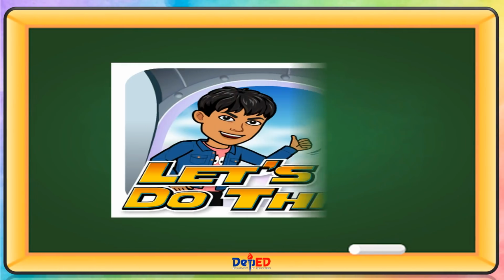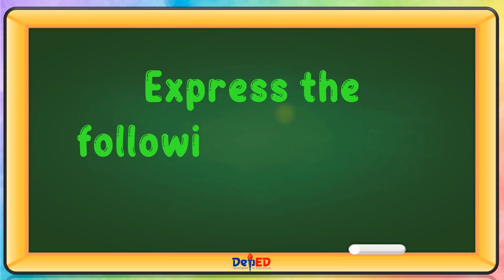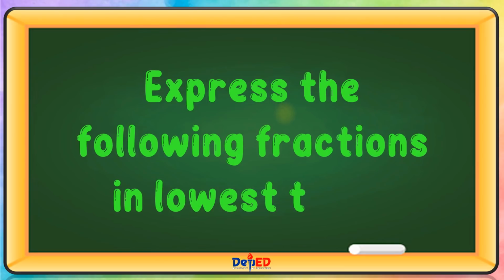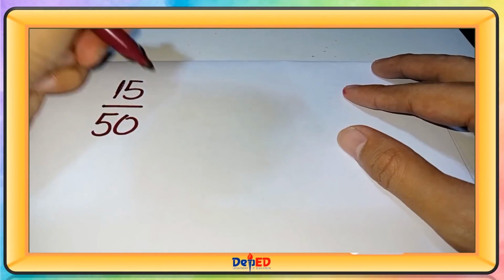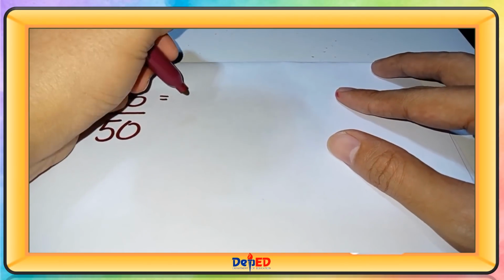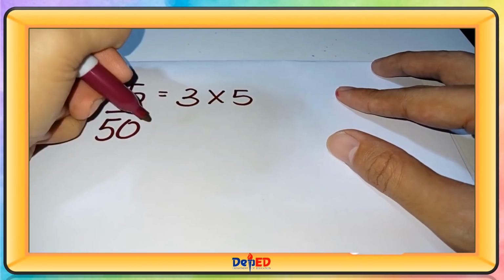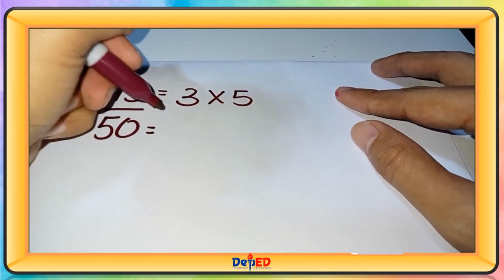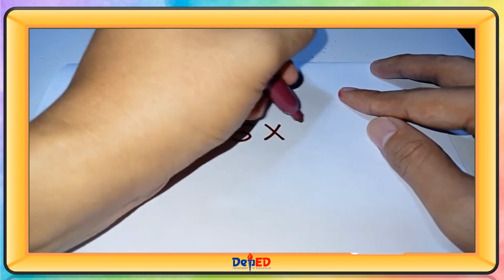Let's do this. Express the following fractions in lowest term. 15/50. The prime factor of 15 is 3 times 5. 50 is 2 times 5 times 5.